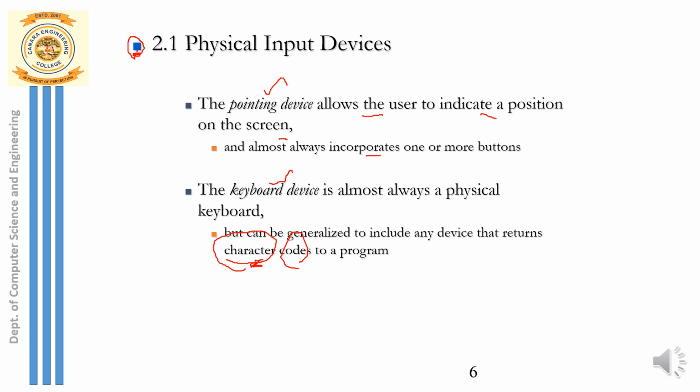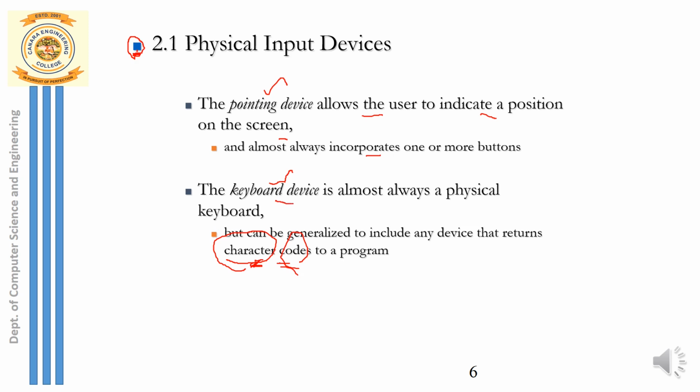Along with that, the ASCII code of that particular character should be returned to the program. So this indicates which particular key has been pressed, and the corresponding action on that key press will be decided upon that, right? So the character and the corresponding ASCII code will be returned whenever we make use of the keyboard as an input device.